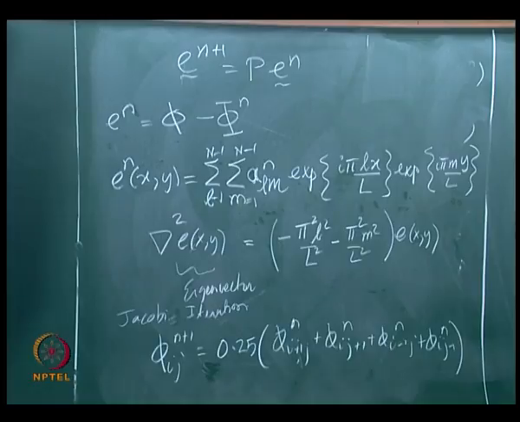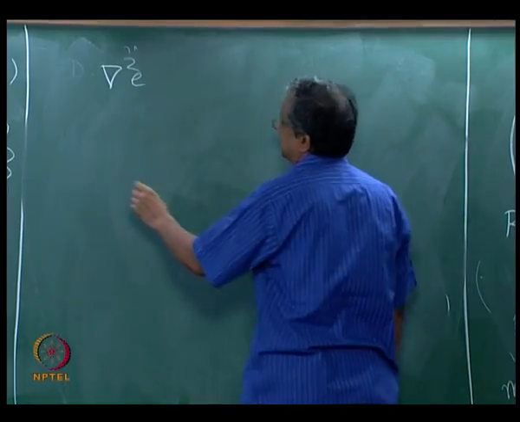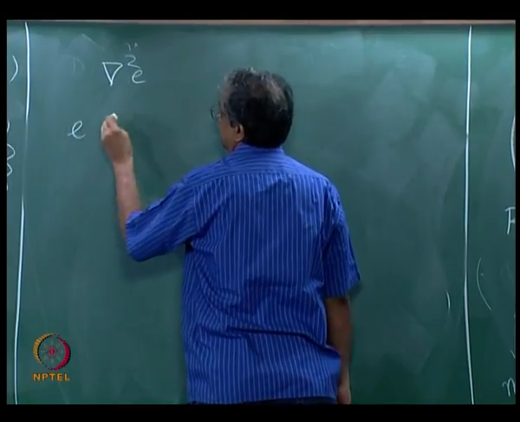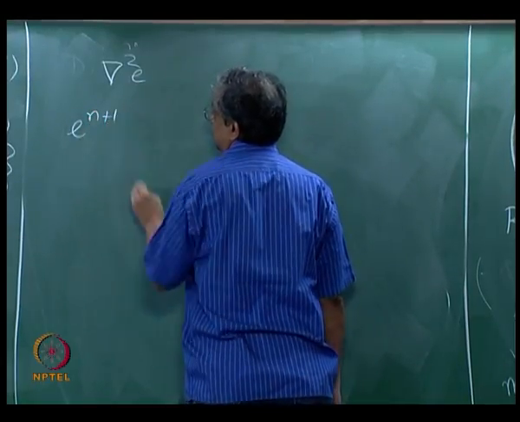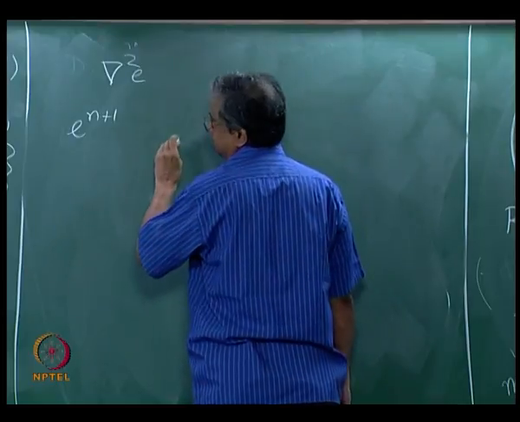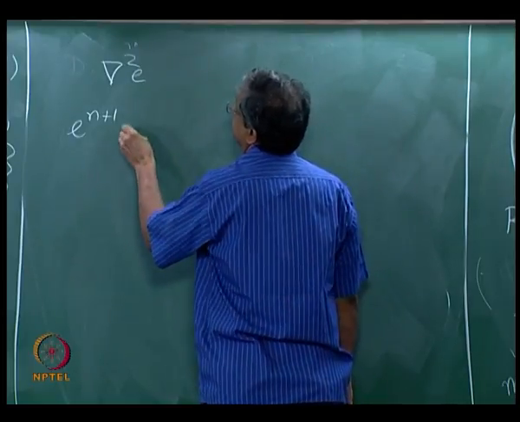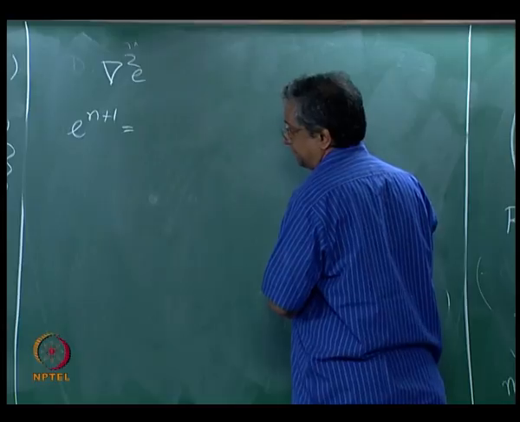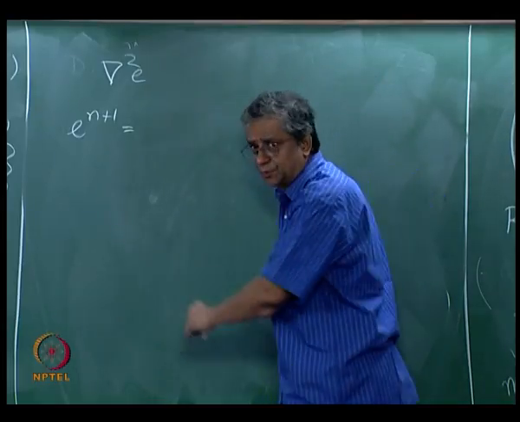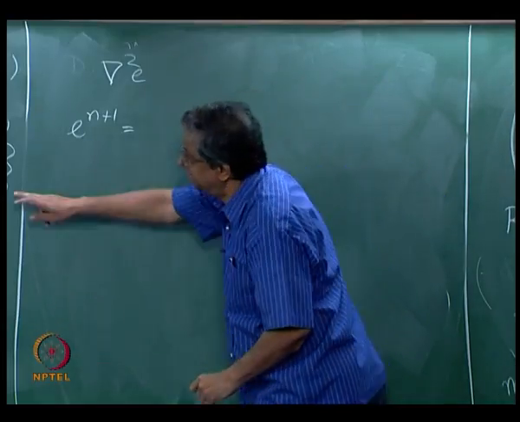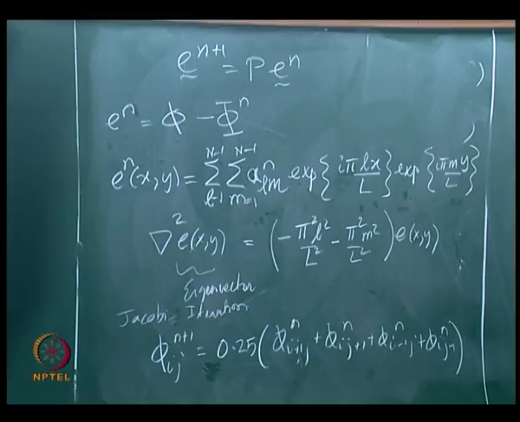What is this going to give us? Let me see if we go through with this. E^(n+1) equals, I am going to substitute now. The function phi, the function E, I am going to represent in terms of these exponentials. So what do I have?